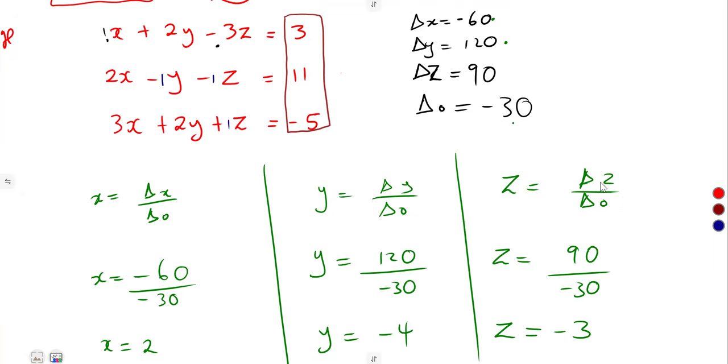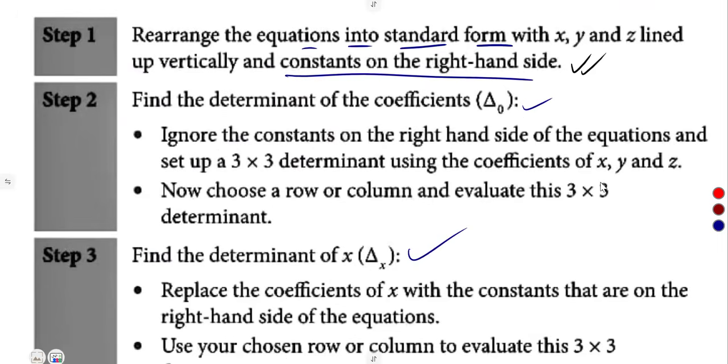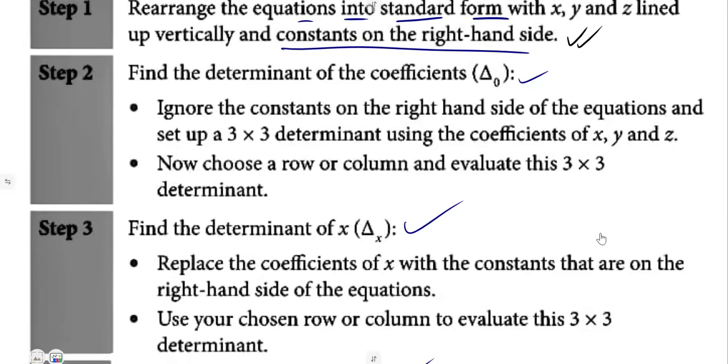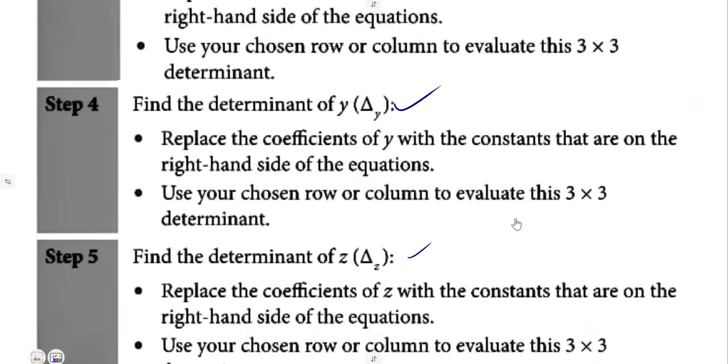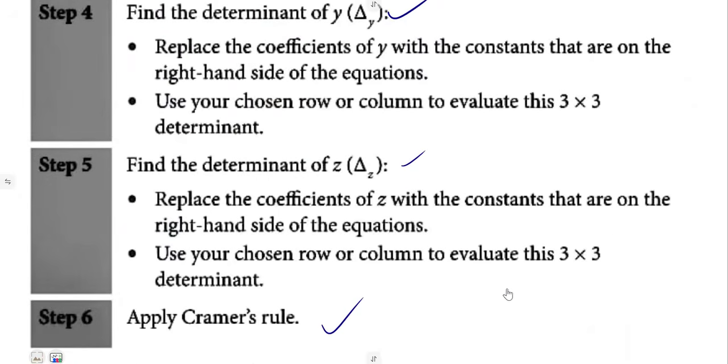So all you need, guys, is the procedure: arranging the equations into the standard form, finding those determinants, the coefficient determinant, the determinant of x, of y, of z. Then you can simply apply Cramer's rule, just like that.